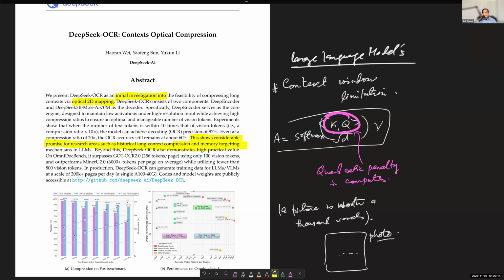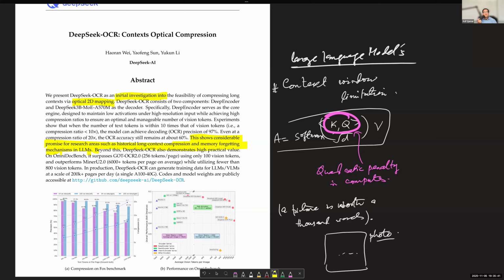Such as historical long context compression, that is, long past conversations and so forth, and memory forgetting mechanisms. This memory forgetting mechanism merits a little bit of discussion. See, human memory is sort of abstracted. We remember what happened today very well, what happened yesterday less well, what happened a month ago we remember in broad strokes.